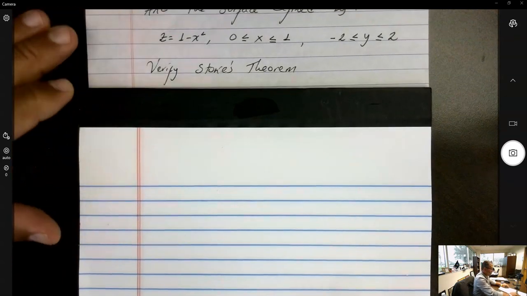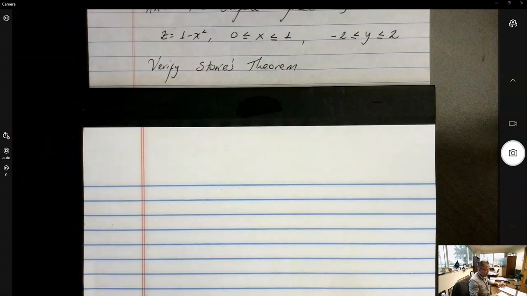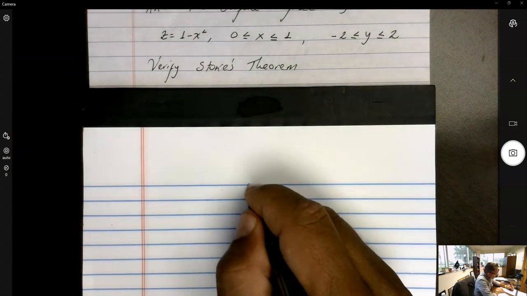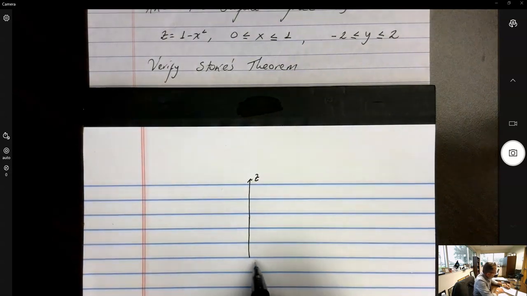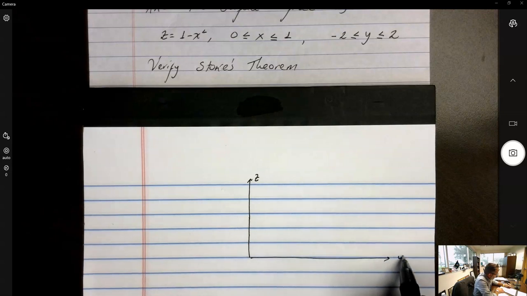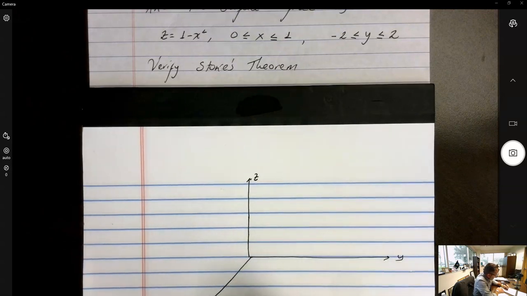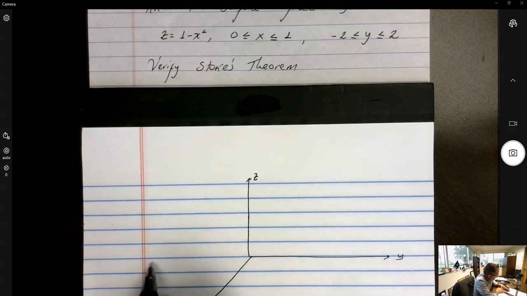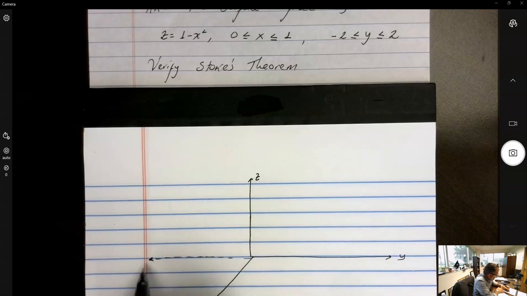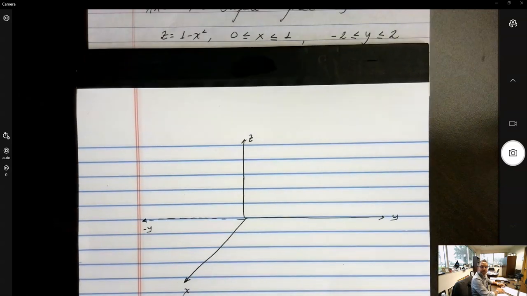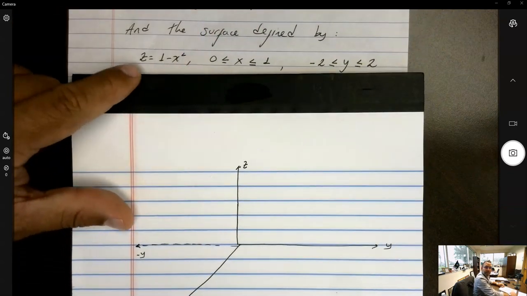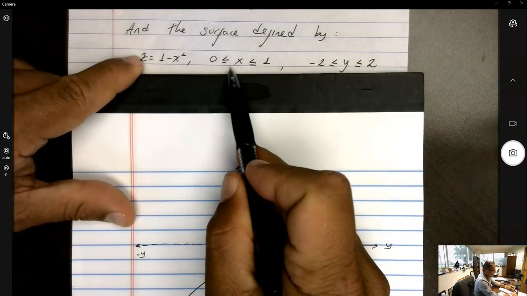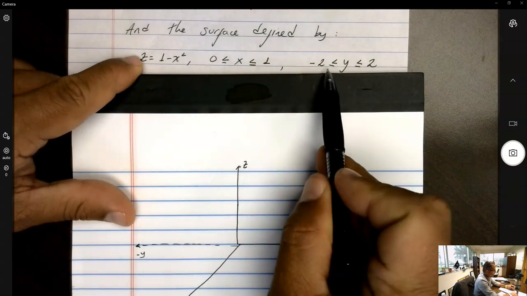So moving to another pad here. So let's try to draw what we have in hand. So this is Z, this is Y, and this is X. And remember, we also have, so we're going to go all the way to minus Y too, because the surface is defined by this with X going from 0 to 1 and Y going from minus 2 to 2.